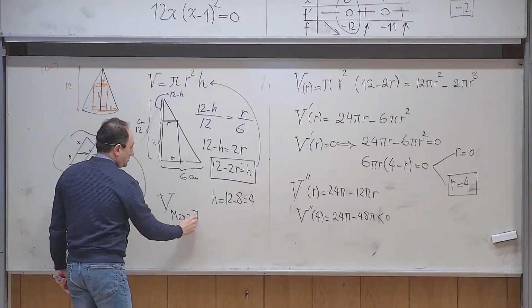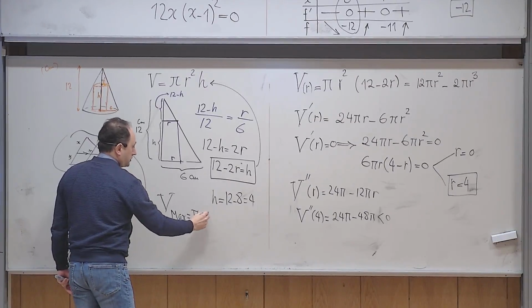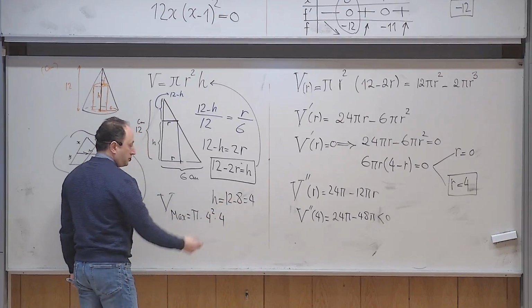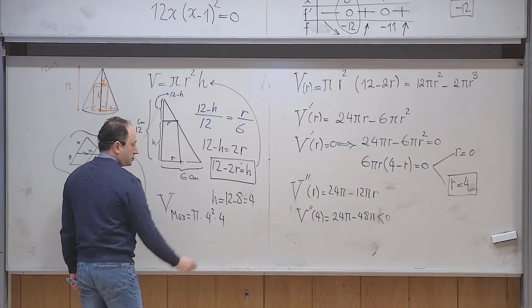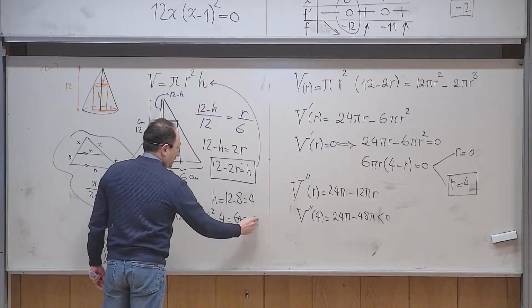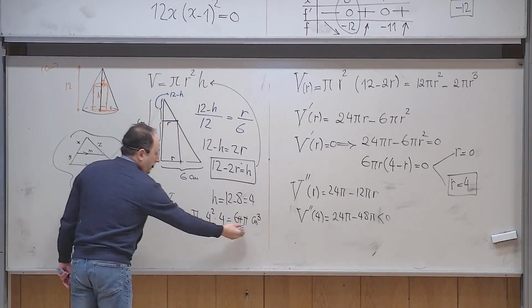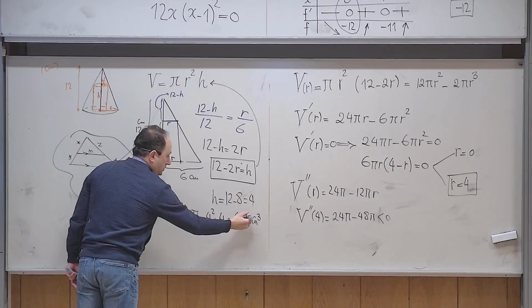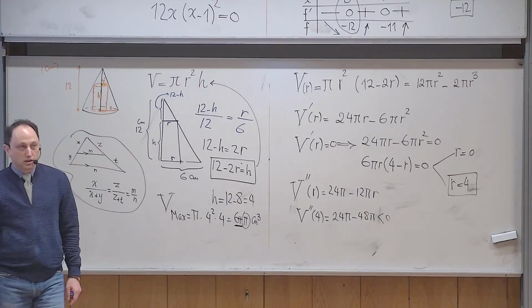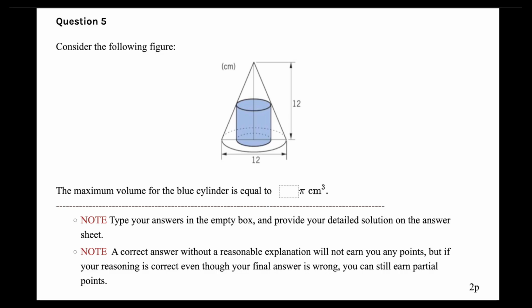Pi multiplied by r to the power 2 multiplied by h, which is also 4. 4 to the power 2, 16 times 4, 64. So it becomes 64 pi cubic centimeters. I have already typed pi myself, so the number that you have to type there is 64. So you have to type 64 here. Yes?